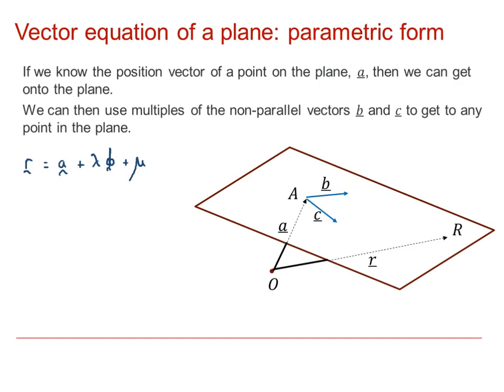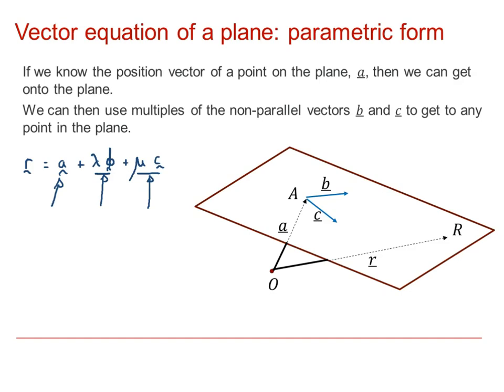So we've got A plus lambda B plus mu C, giving us our general point R. So we've got a known point, a multiple of a direction vector, and another multiple of a different direction vector which is non-parallel.